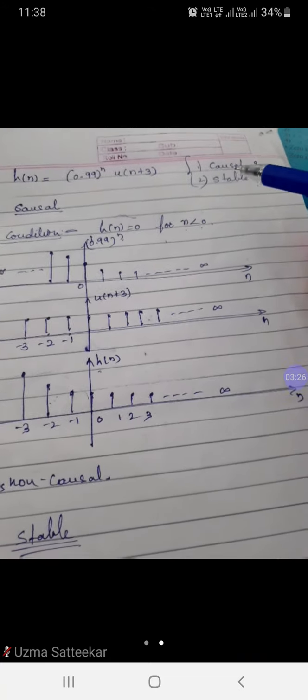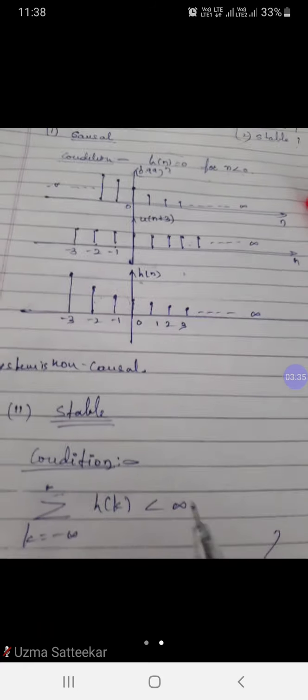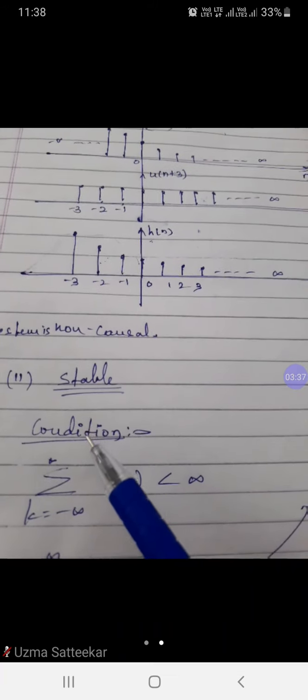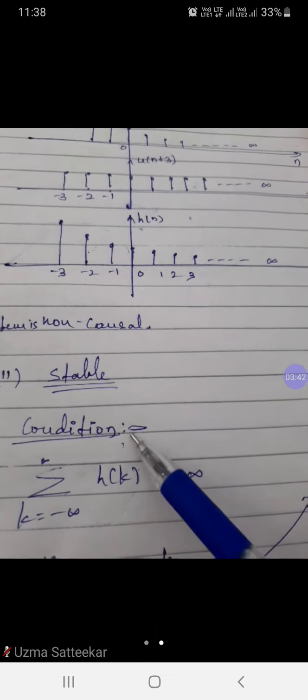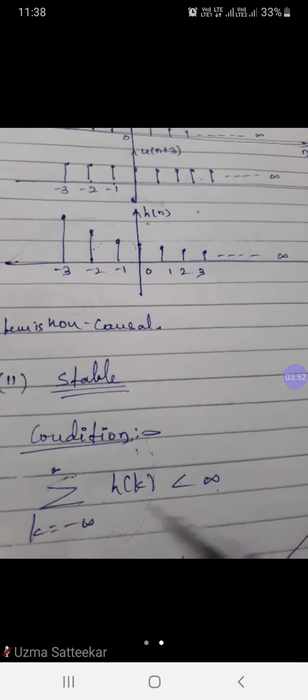Then moving to the second question, we have completed causality checking. Now we will see whether the given system is stable or not. What is the condition for stability? For the stability property, whatever h of k you have, that is the impulse signal, if you add it at different points, the overall sum should come less than infinity.